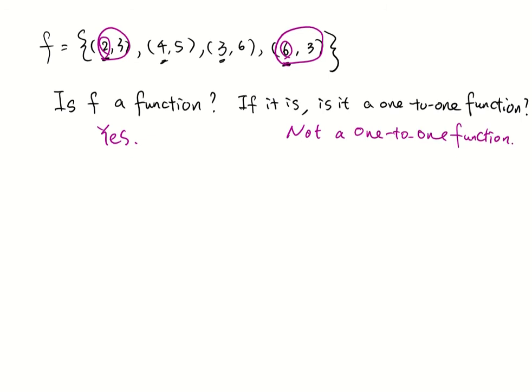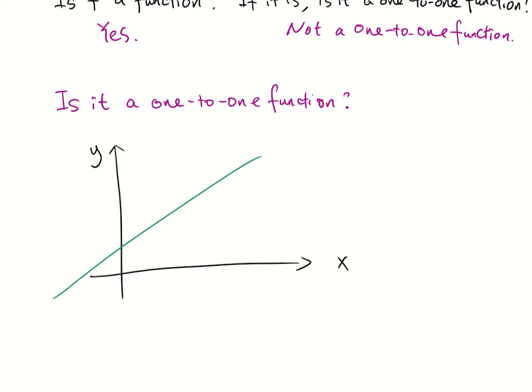Now, how do we decide if a graph represents a one-to-one function? Say I have a straight line like that, and I want to know if this graph represents a one-to-one function. First of all, it needs to be a function, right? So to be a function, the graph needs to pass the vertical line test.